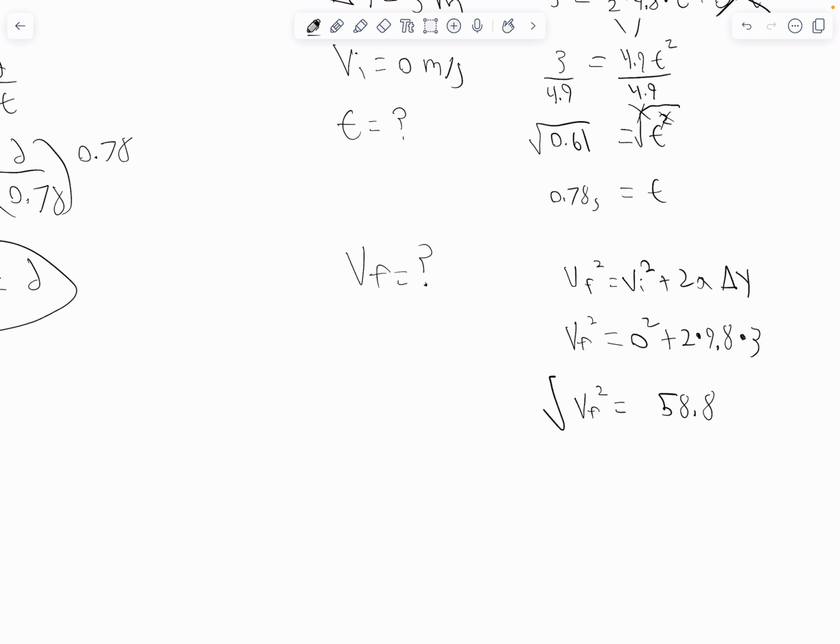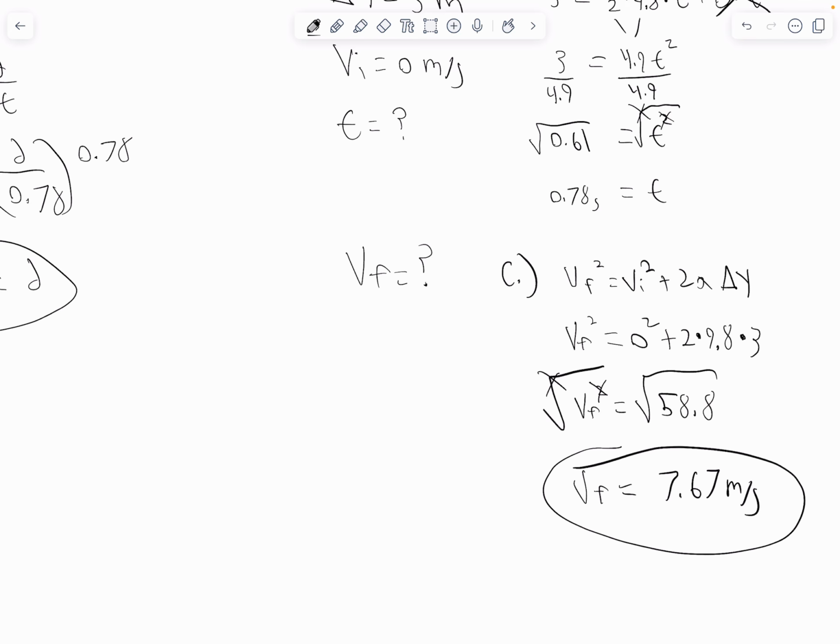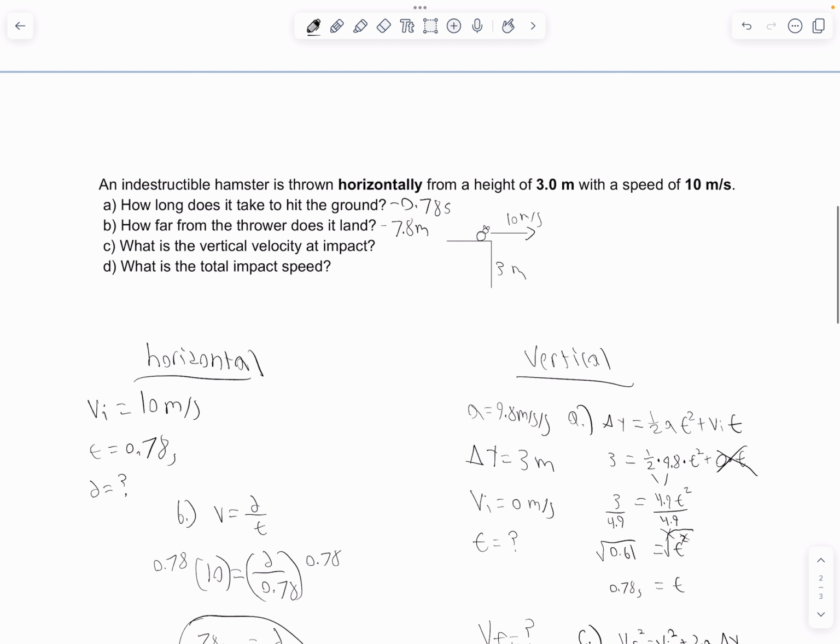To get VF by itself, we square root both sides because these cancel, and our final velocity should be equal to 7.67 meters per second. All right, so that was for part C that we just solved right here. And you get 7.67 meters per second is the speed of the hamster right before it hits the ground in the vertical component.